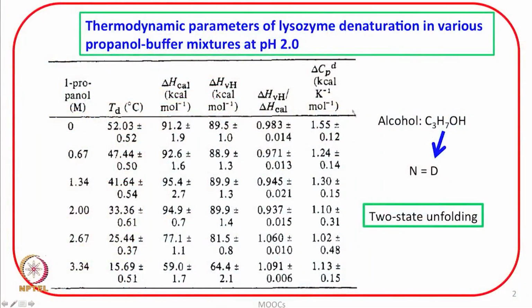So, the way the interaction of co-solute or solvent with the protein may affect the thermal transition temperature or the other associated thermodynamic parameters can initially be predicted based upon the nature of the molecules.